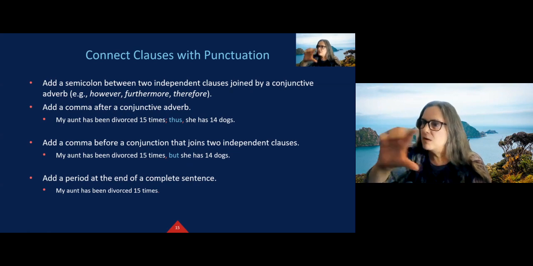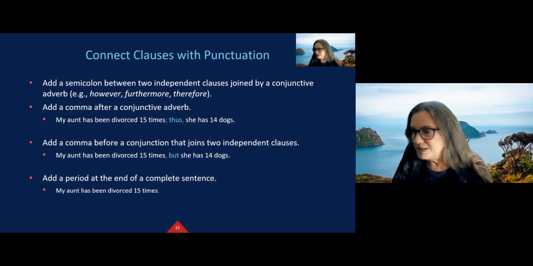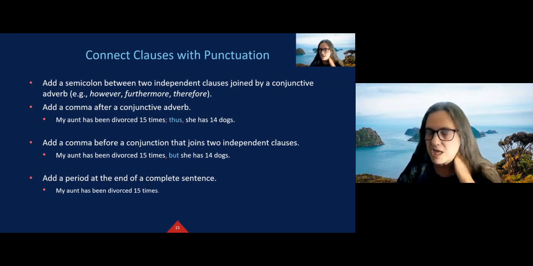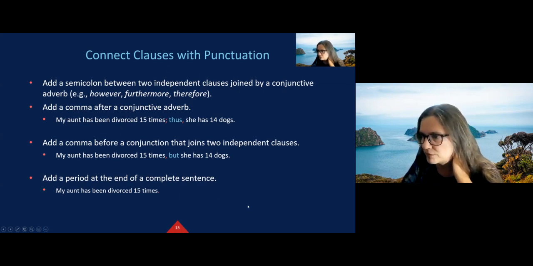There's no flow. It's just ba-dump, ba-dump. It's kind of like a machine gun going off or something. It's probably not the best analogy, but it's there, but it's not pretty. Okay, so this is why playing around with different ways to throw sentences and ideas together can help you smooth out the flow. Any questions about that?